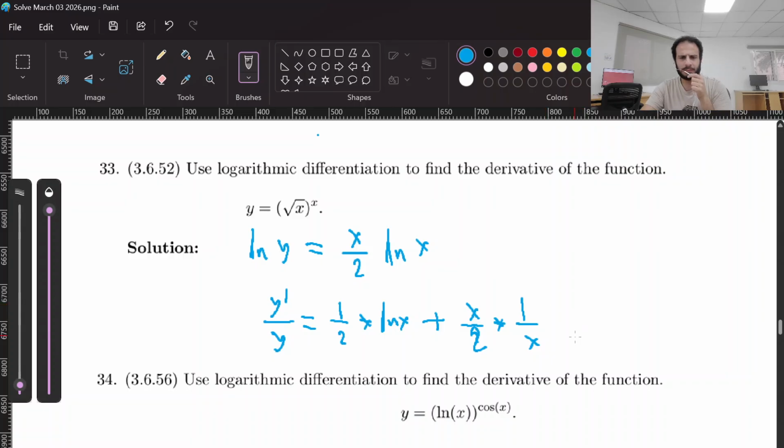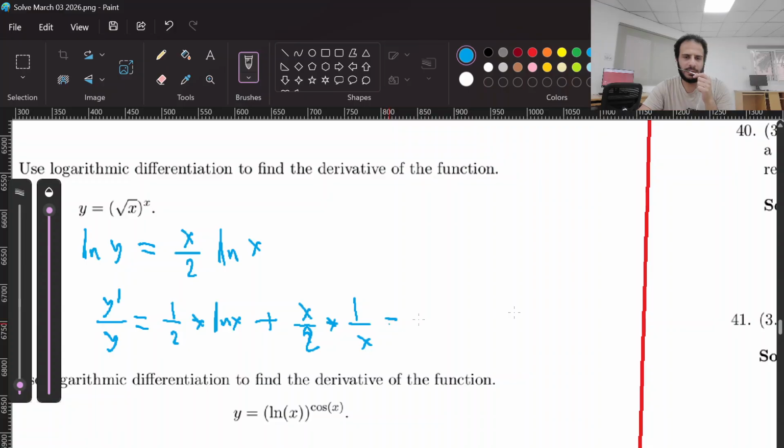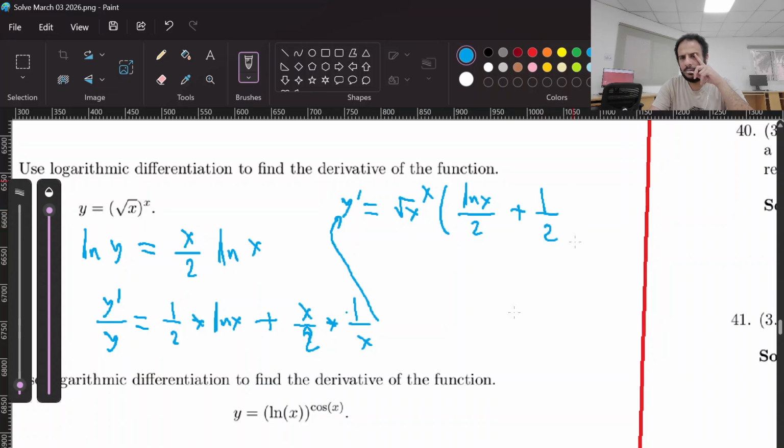Now you multiply both sides by square root of x to the power x. So y prime equals, you multiply both sides by y, square root of x to the power x, times ln x over 2 plus half. Yes, good.